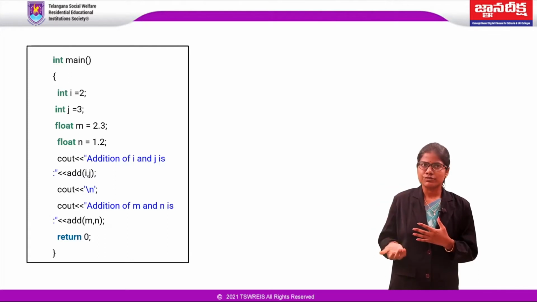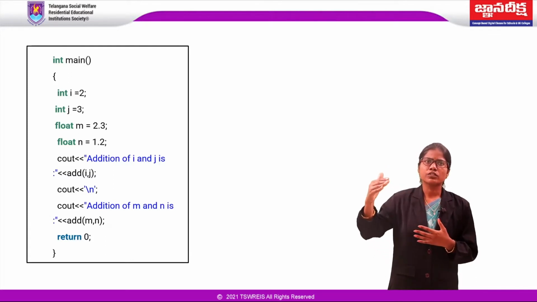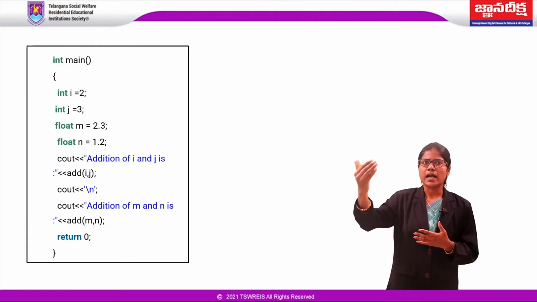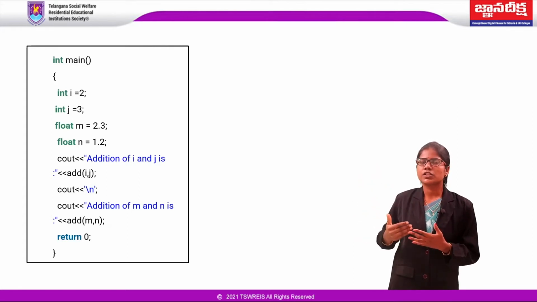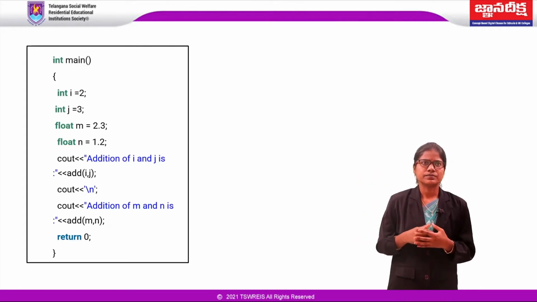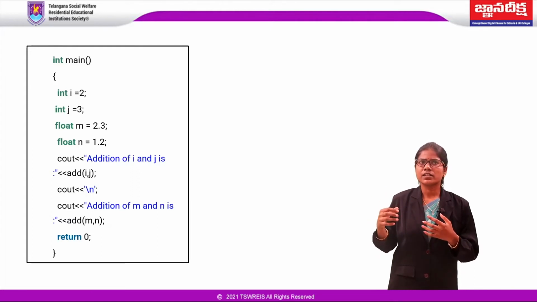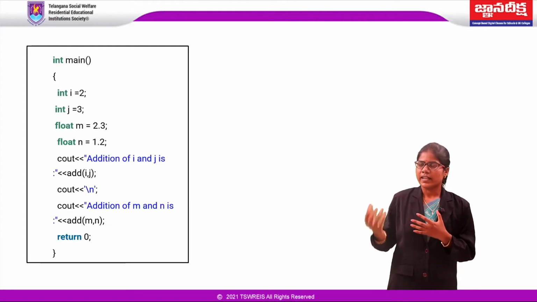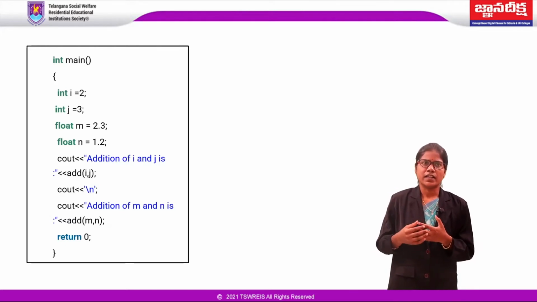Whenever we call a function, control will go to the function definition, and after execution it will return to the main method. When we call a template function, the compiler will automatically add the data type and T will be replaced by that data type.